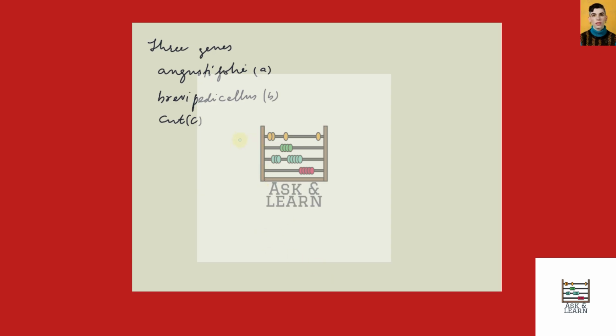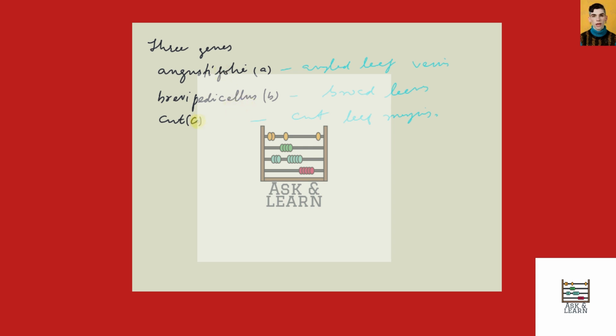Hello students, the question says that three genes: angustifolia, which causes angled leaf vein, brevipedicellus, which causes broad leaf, and cut, which causes cut leaf margin, are linked on chromosome 4 of Arabidopsis thaliana.